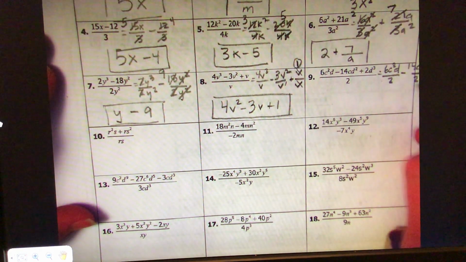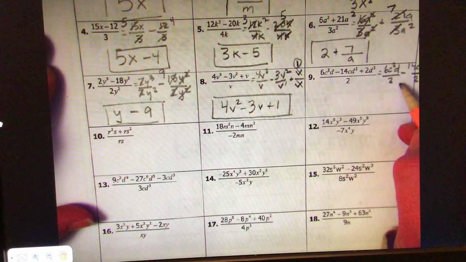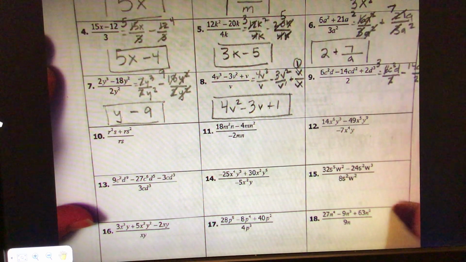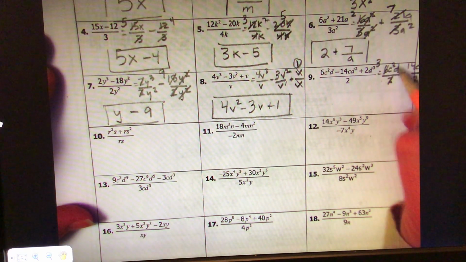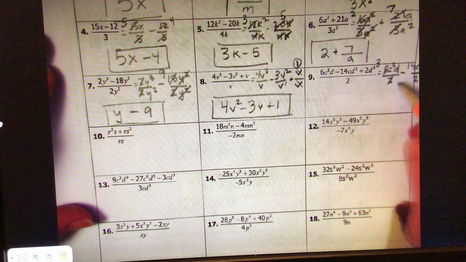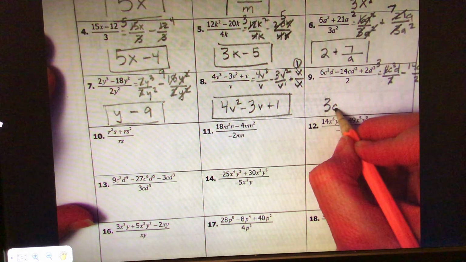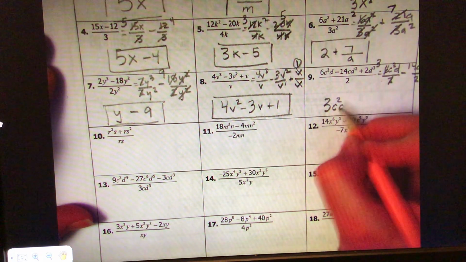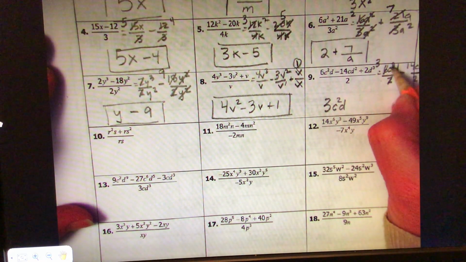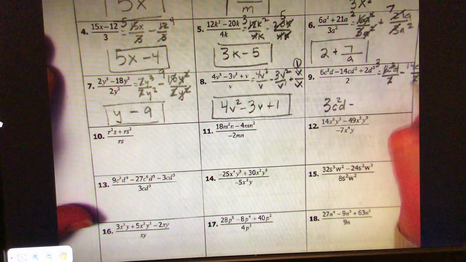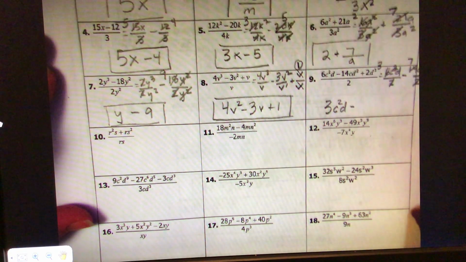So I have separated these out, and let's go. 2 goes into 6 3 times. I don't have any other C's or D's down here, so I'm going to stick with my C to the second D. Okay, sure, that's the second. Then I'm going to subtract. 2 goes into 14 7 times.